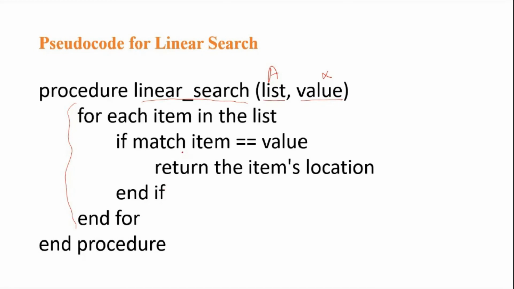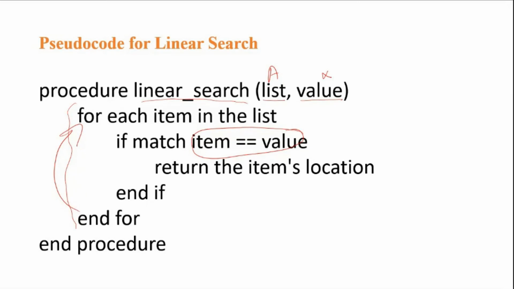If this doesn't match, we don't actually have to give an else condition, because if this particular condition isn't satisfied, it automatically goes to the next item, because for each item in the list we are checking.